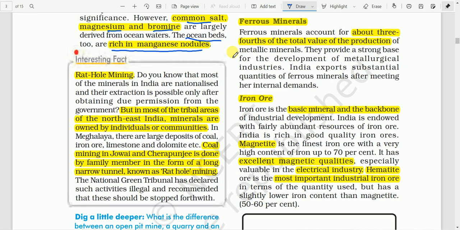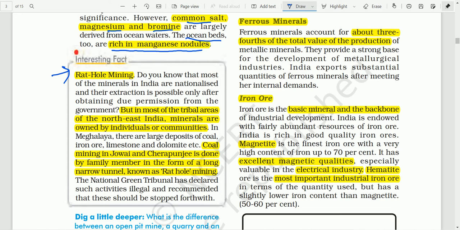One interesting fact is here. This is about rat hole mining. See, actually mines are owned by the governments, but in the tribal areas of northeast India, minerals are owned by individuals or communities.